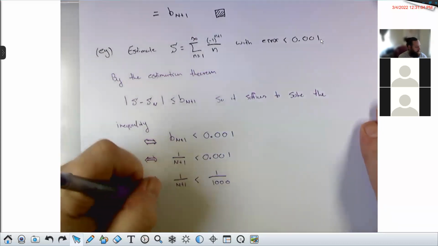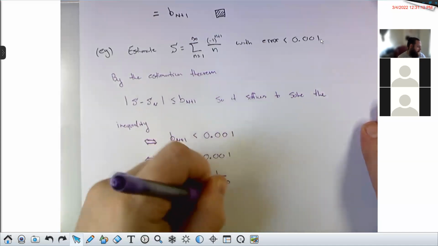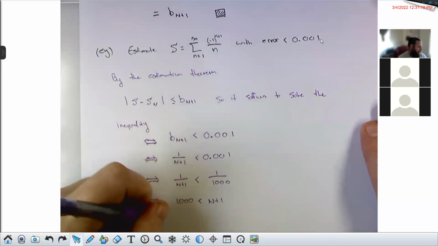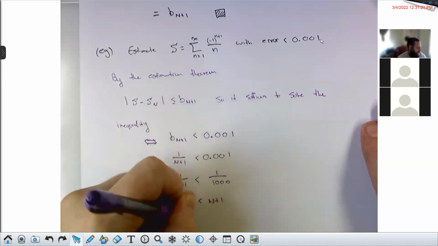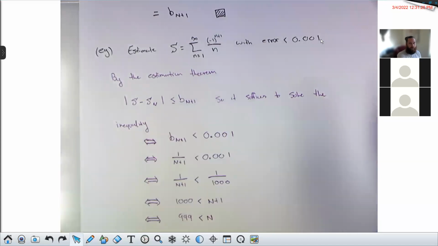Now, if you cross multiply, you get 1,000 is less than n plus 1. In other words, 999 is less than capital N. So I can use for capital N any number greater than 999, and the error in the capital Nth partial sum will be guaranteed less than 0.001.